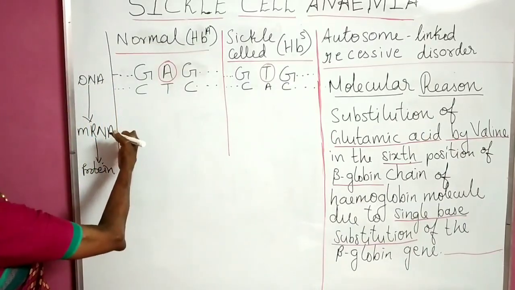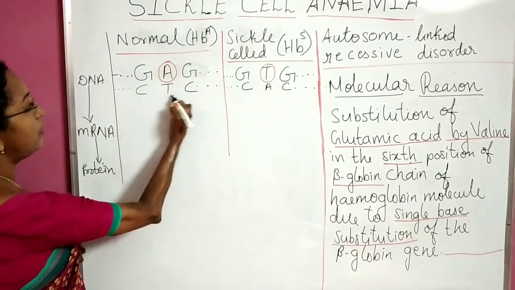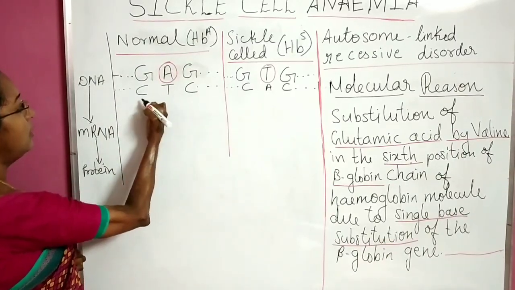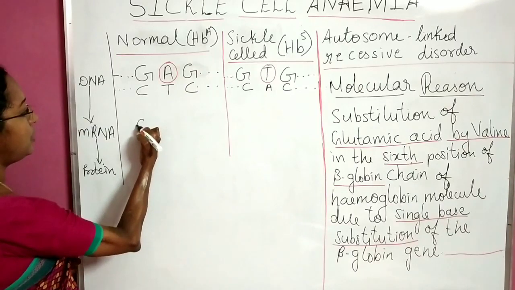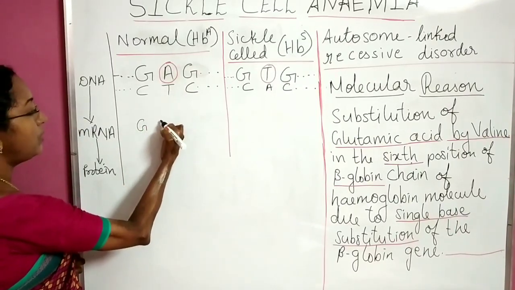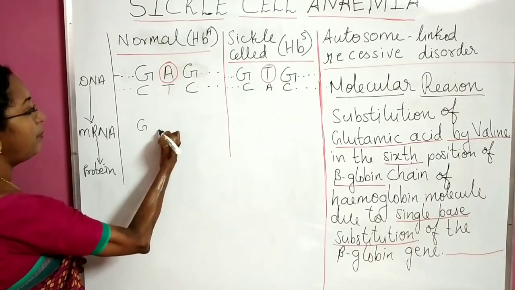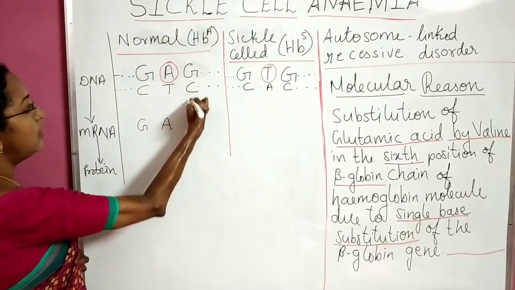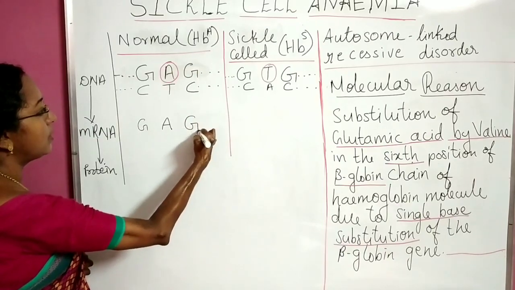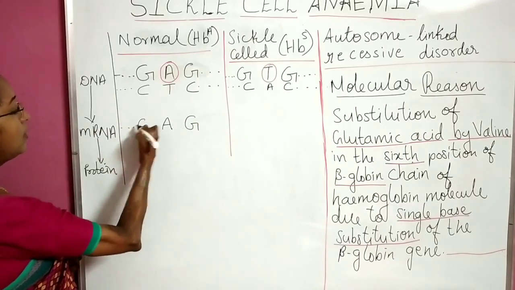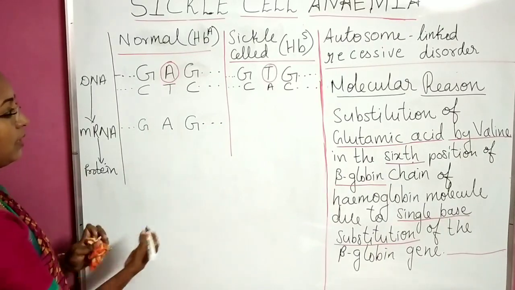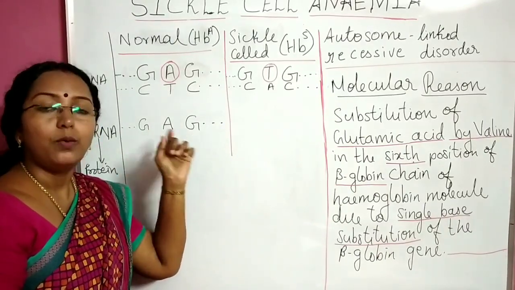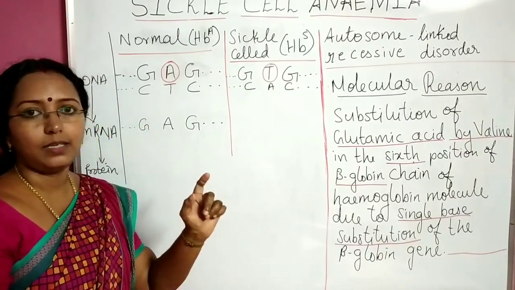Now look here, mRNA. mRNA will be formed complementary to any one of these strands only. So we are taking this CTC. Again C pairing with G, T should pair with A. Okay, let me write A. Then C is again pairing with G. So here mRNA will be produced complementary to only one strand of DNA.